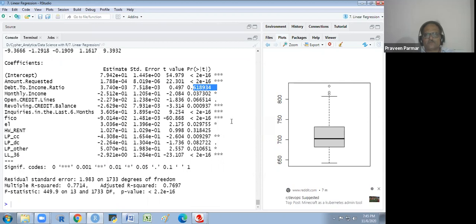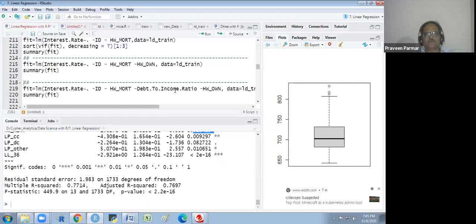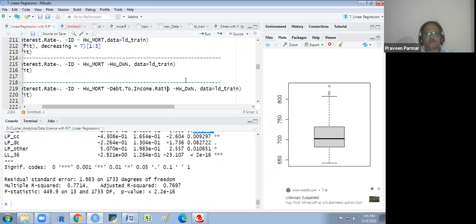Then 0.61, 0.31. So 0.61, I consider debt to income ratio. Next. Okay, it's correct.